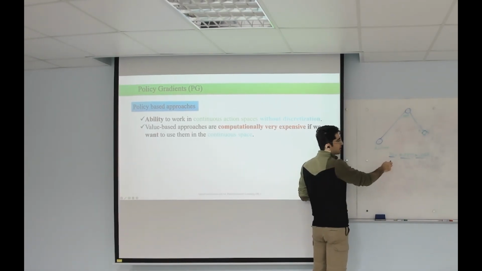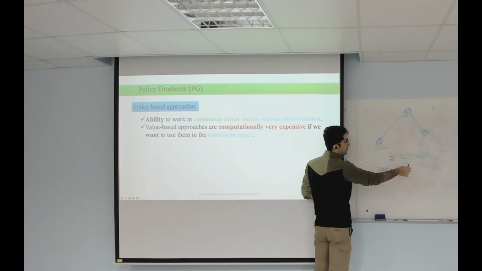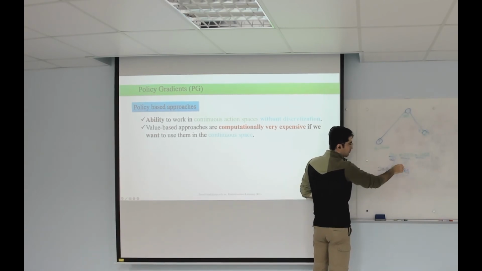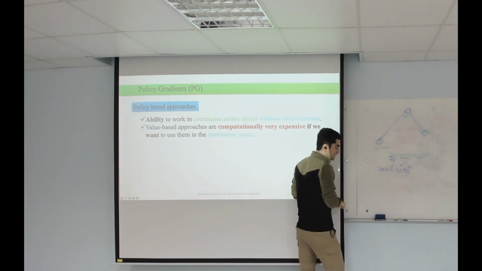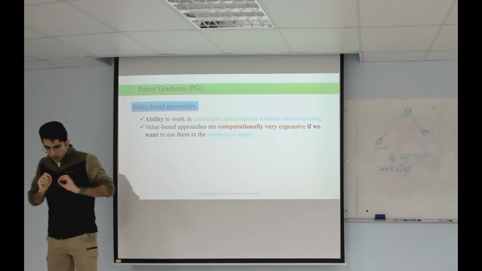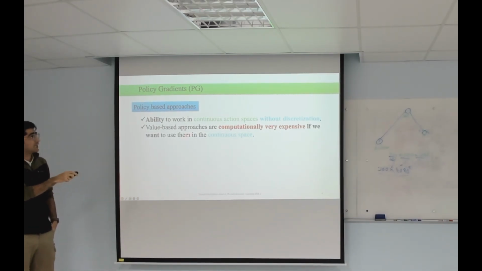But what if these are infinite numbers or continuous, for example 360 times the resolution that I have in, for example, a Dynamixel motor, 28 I think, then each one of these will grow again, even in discrete form, or if we consider it in continuous form with continuous calculations, then calculating the value function will be very computationally expensive.